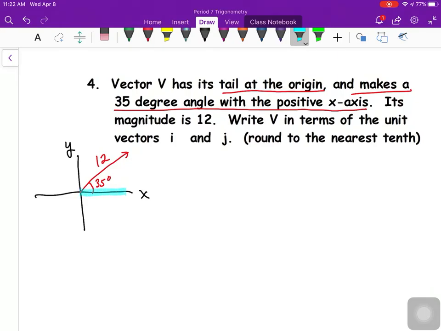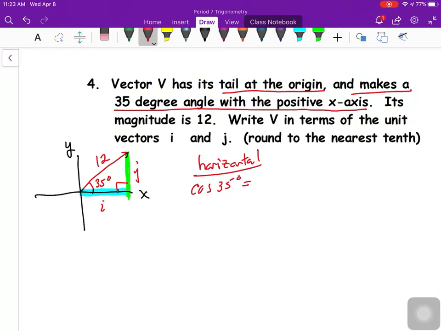So this is the vector I'm speaking of. And the magnitude is 12. And they want me to find the unit horizontal vector, so they want me to find this part. That would be the i. And they want me to find the vertical, so they want me to find this. That would be the j.